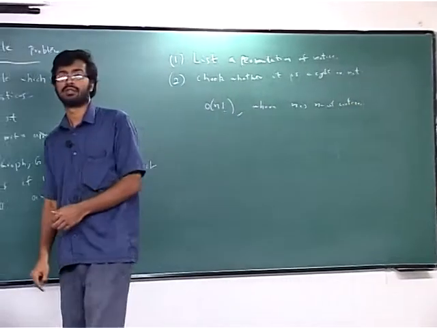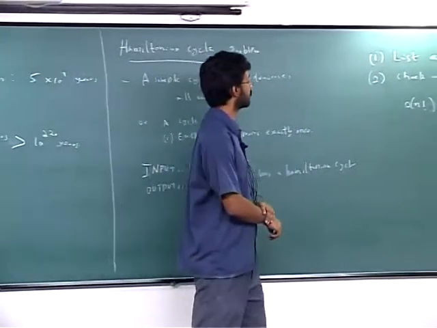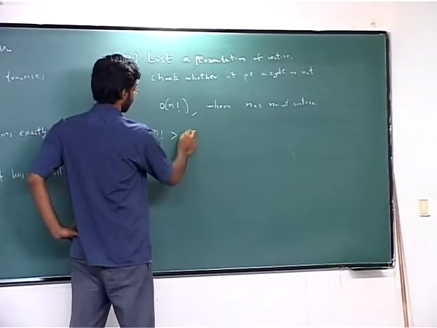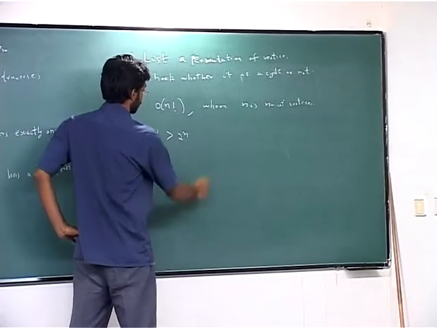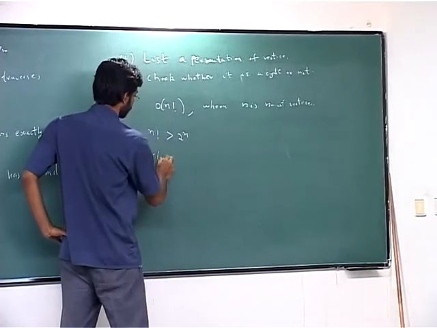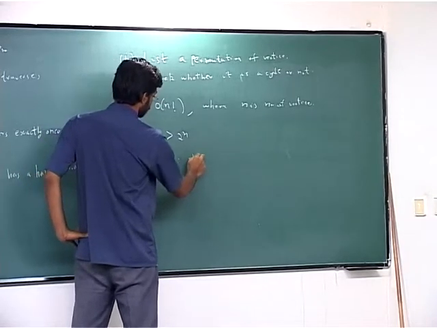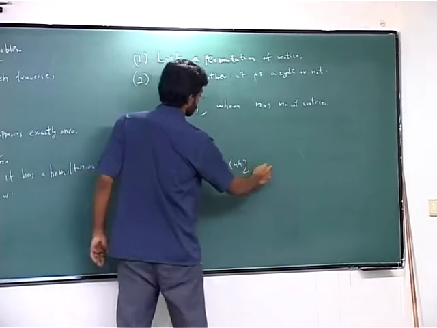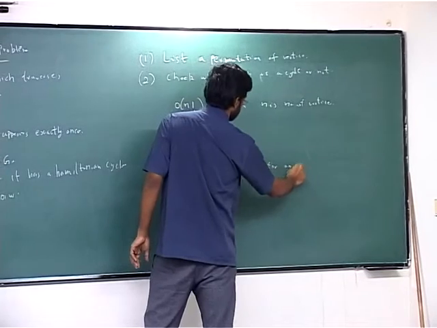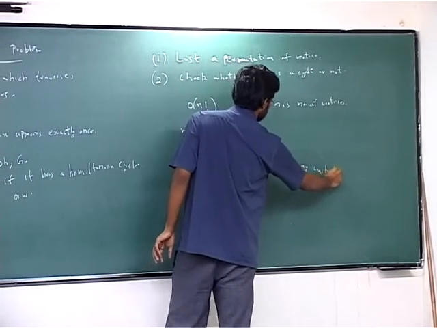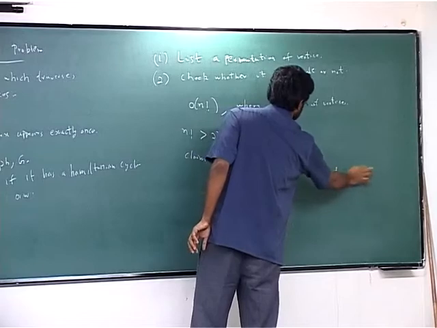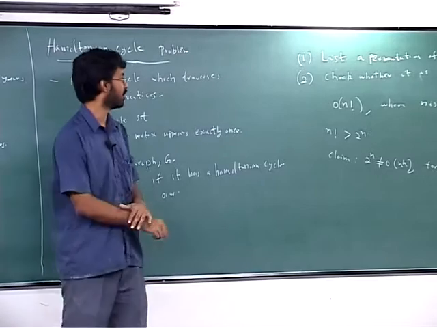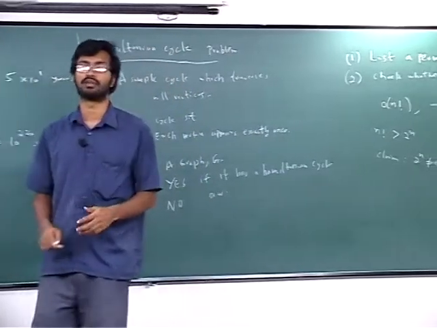You can even say this n factorial is much greater than 2 to the n, and so I claim that 2 to the n is not equal to order of n to the k for any constant k.